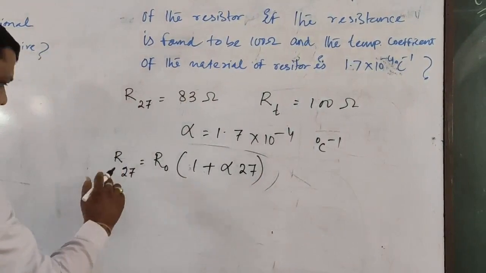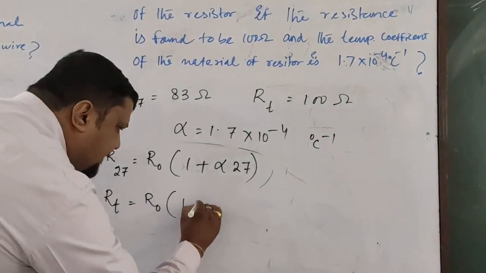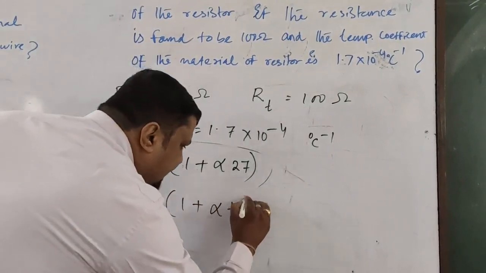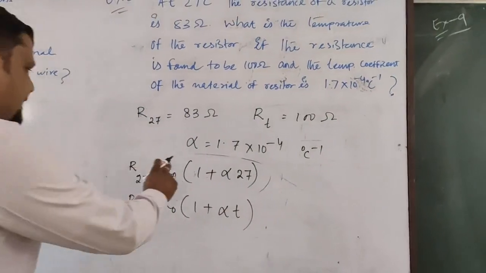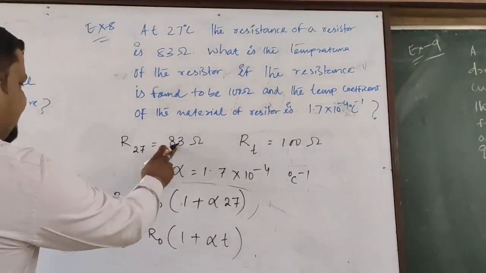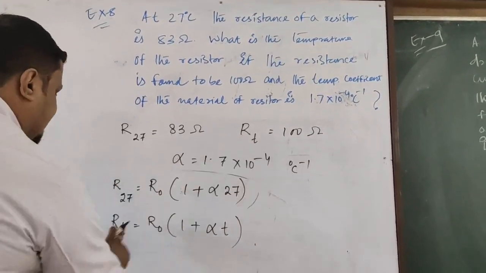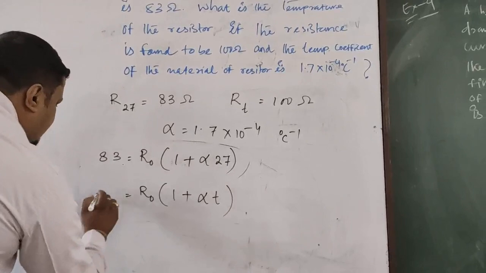Similarly, at T degree centigrade, RT is equal to the same R0 into 1 plus alpha T, and we calculate this T. Here R27 is given as 83 ohm and RT is given as 100 ohm.